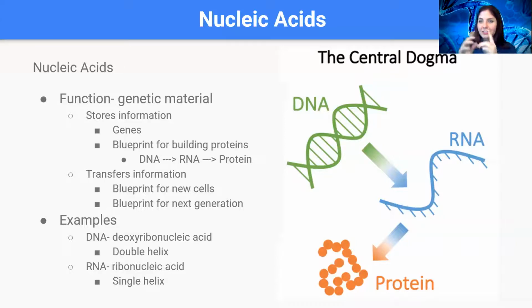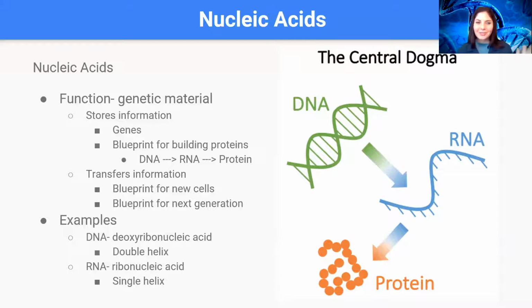That messenger RNA is allowed to leave the nucleus where it finds a ribosome, and once at the ribosome, it can work to construct a fully functional protein. Now, this transfers the information from one cell to the next, and that's called our genetic material. So that's the passing along of those genes from one generation to the next. It's a blueprint for new cells, and again, a blueprint for that next generation of cells.